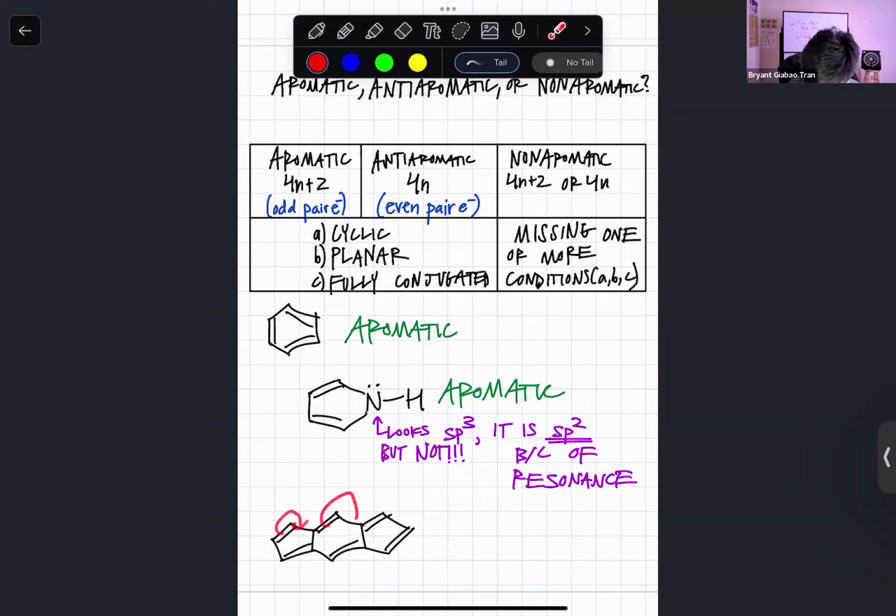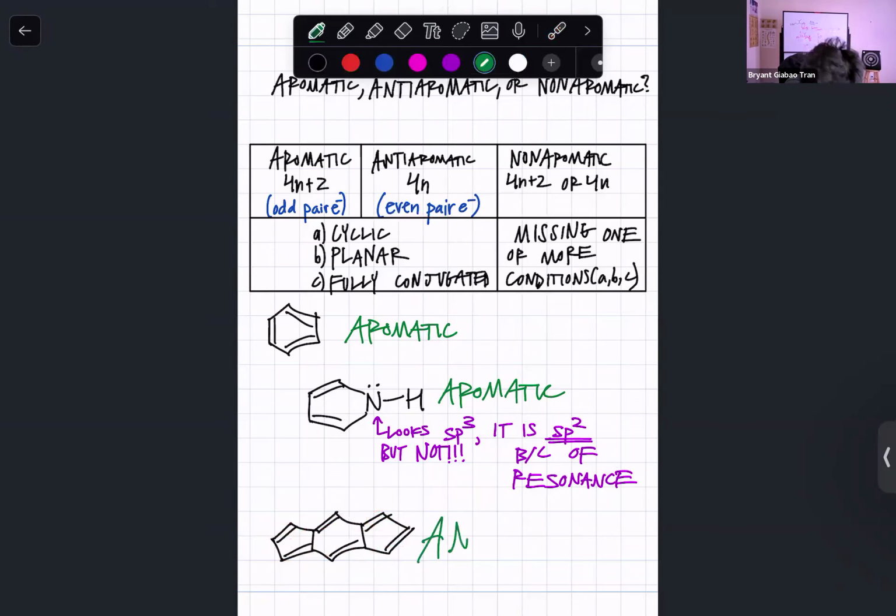All of the electrons here can do resonance with each other. So now we have to determine how many pairs of electrons are moving. That's going to be 2, 4, 6, 8, 10, 12. So 12 electrons, but that's 1, 2, 3, 4, 5, 6 pairs. 6 pairs of electrons, that's even, making this anti-aromatic. Anti-aromatic.